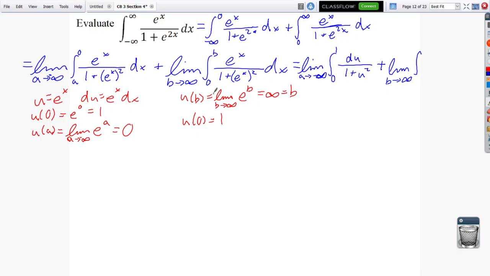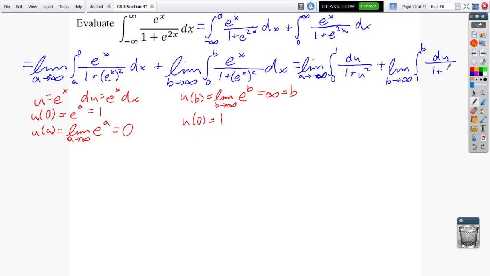What was once 0, we want to now make into 1. What was once b, we want to keep as b because we're still talking about infinity. And since I already did all this work where I adjusted e to the x over 1 plus e to the x squared dx, I'm just going to copy it over here. du over 1 plus u squared.